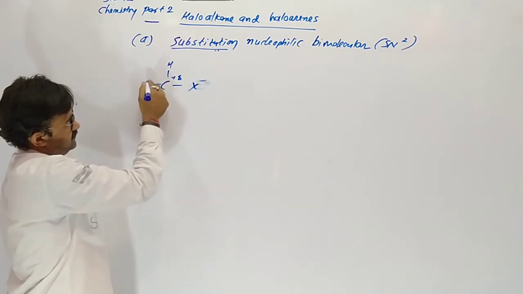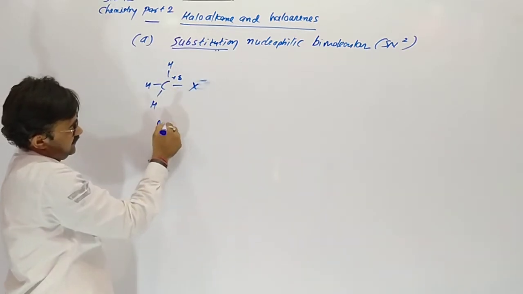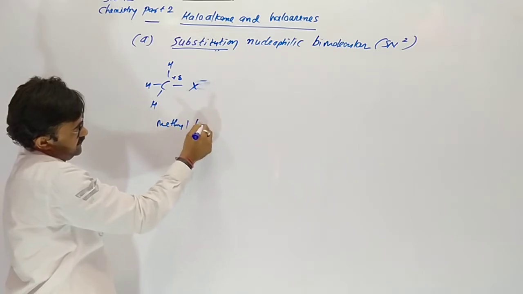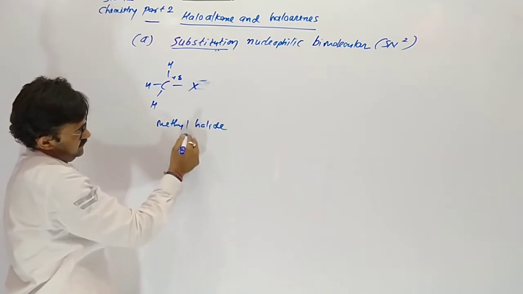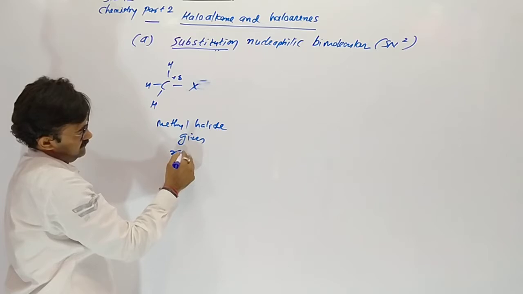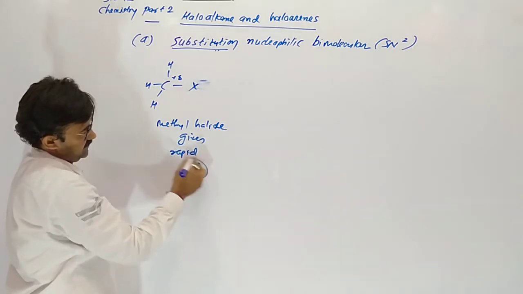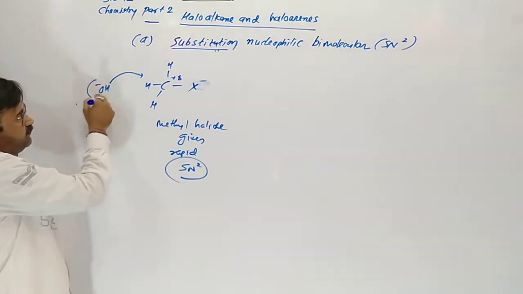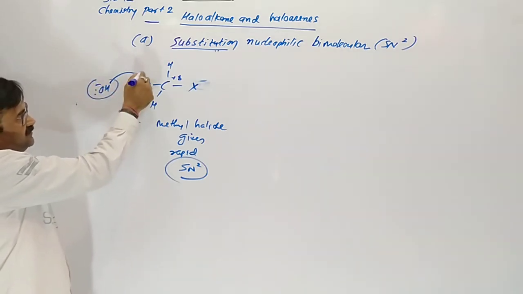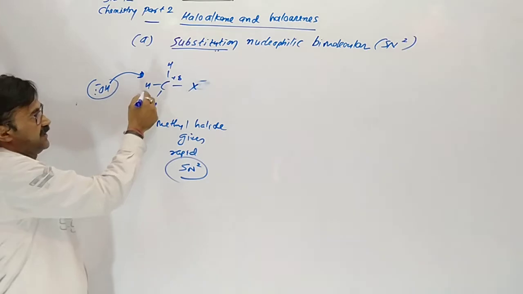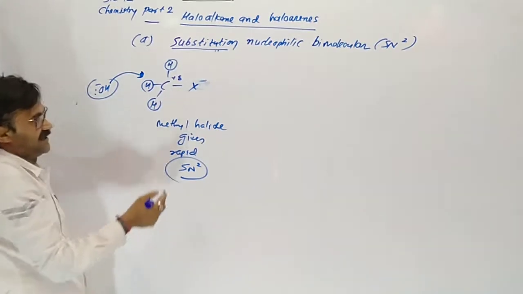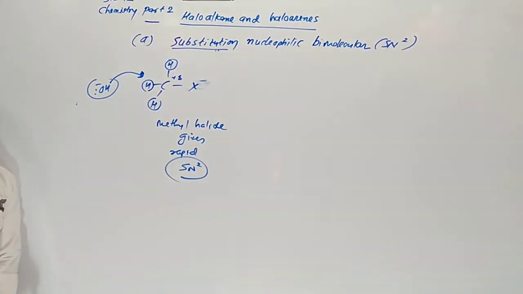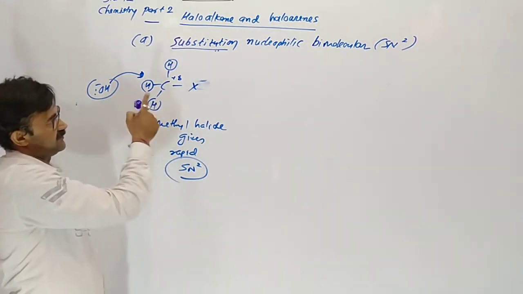Methyl halide gives a rapid SN2 reaction because the coming OH group has less resistance. Right? Hydrogen is very small in size. So which compound gives the fastest SN2 reaction? Methyl halide.